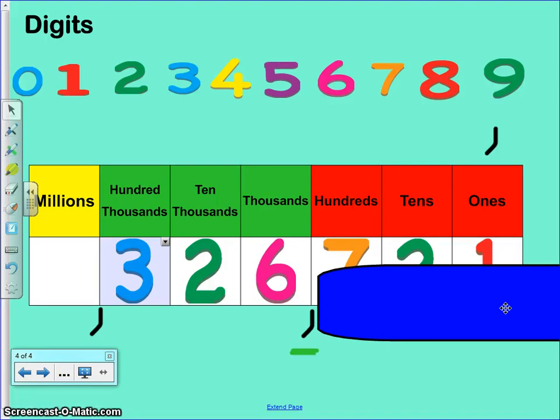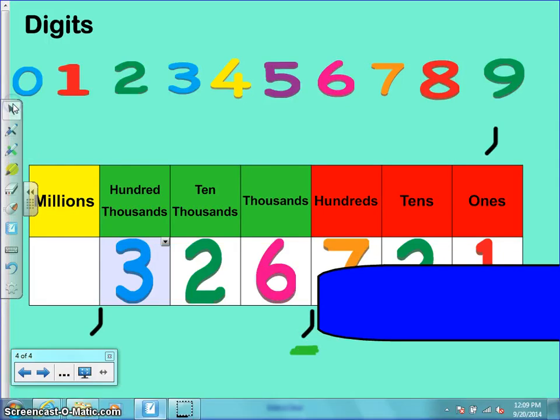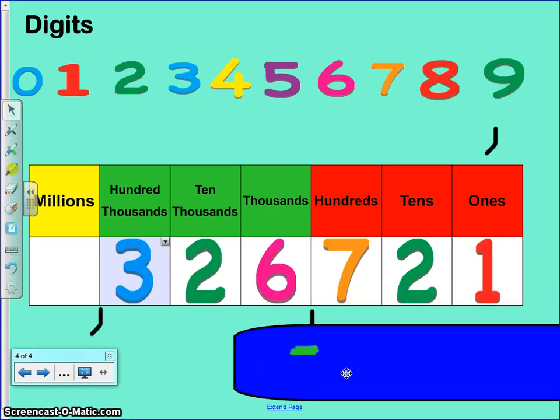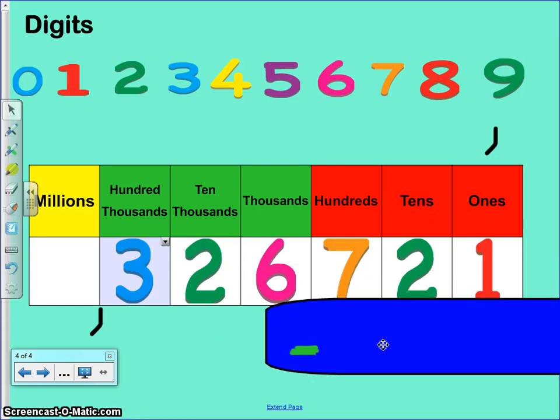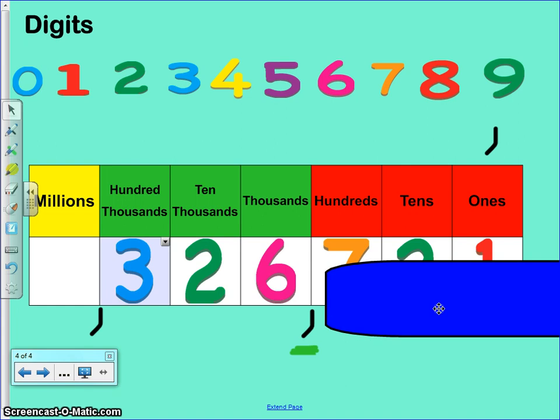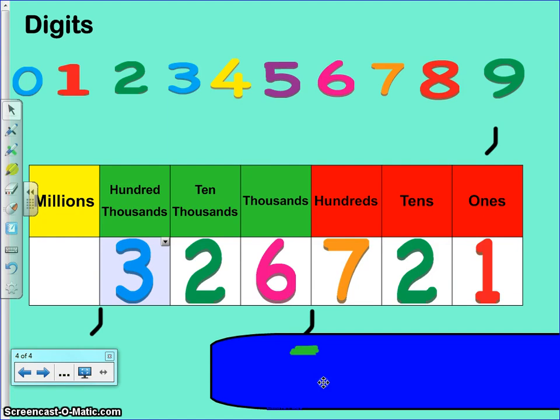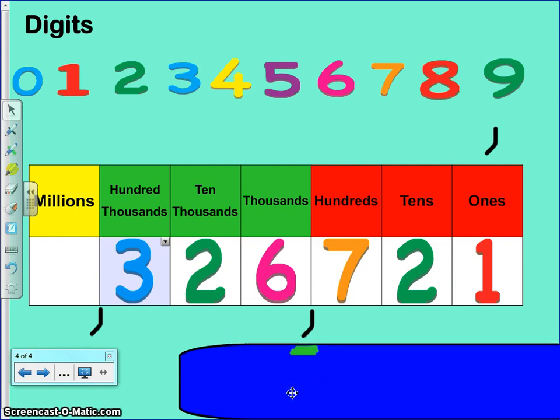However, because there's one comma down here, that tells me to say thousand, because I'm in the thousands period. Once I say thousand, I can then finish reading the number. So I cover it up. I say 326,721. That comma is going to help tell me what period I'm in.